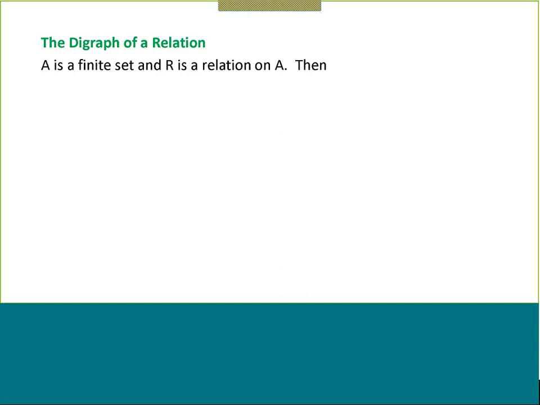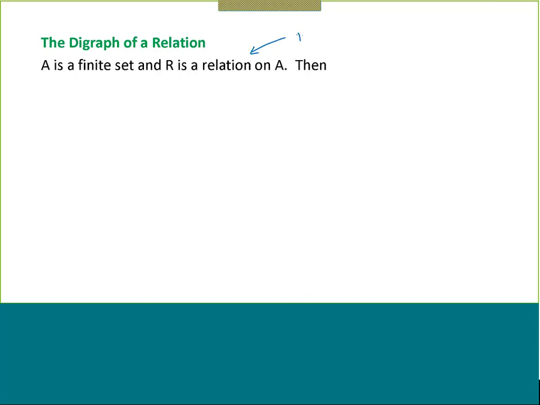Okay. So if we want to make this directed multigraph or digraph of a relation, technically you could do this with an infinite set, but we're only going to do it with a finite set. So you start off with a finite set, and your relation is a relation on A. Notice here what this means.